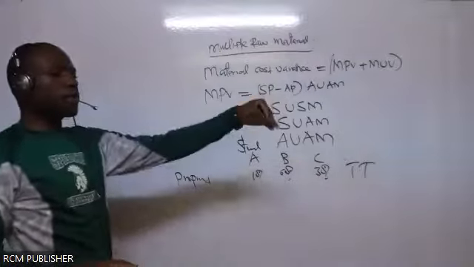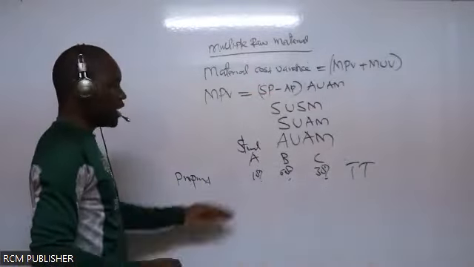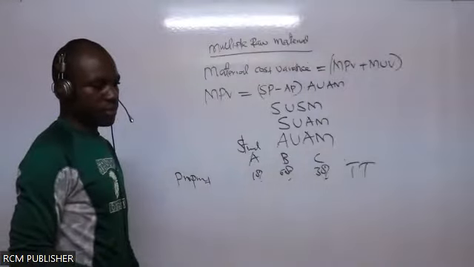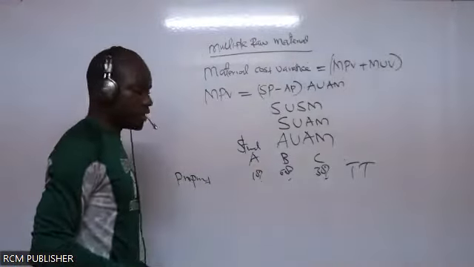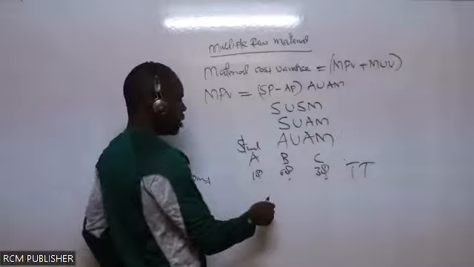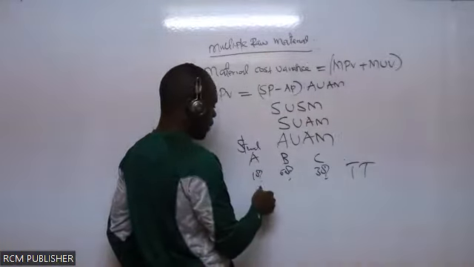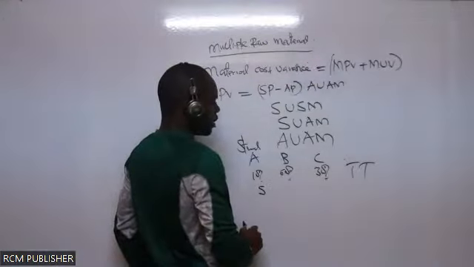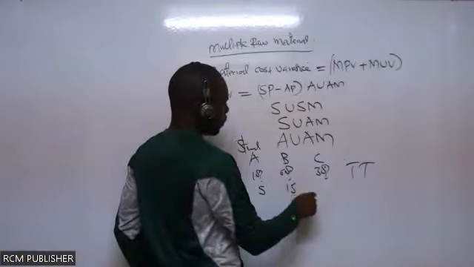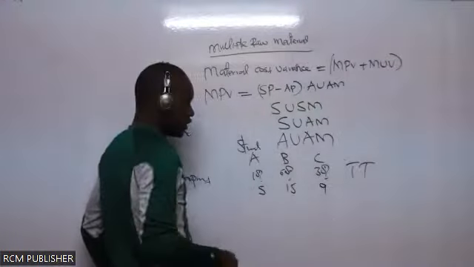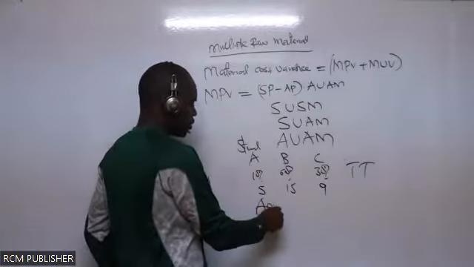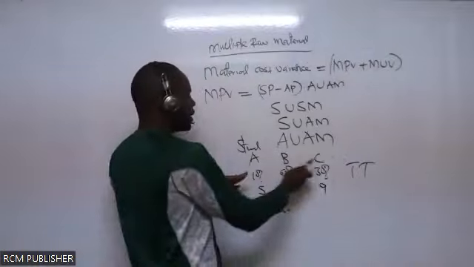If I go now to actual usage, I'm not going to have this. So let's say this is what we have. The 10% represents, let's say, 5. This one here represents 15. This one represents 9. That's as per the standard. Actual, these percentages will not apply.